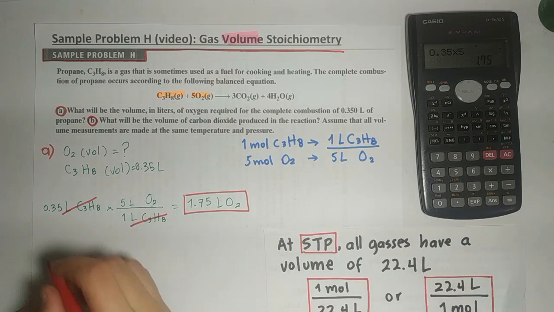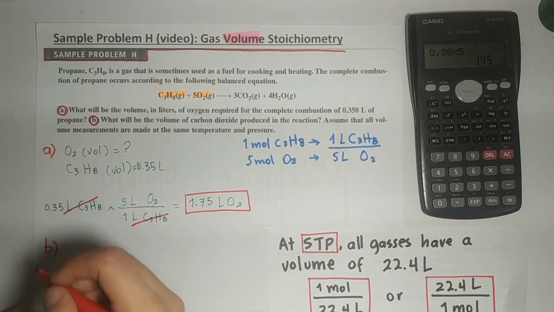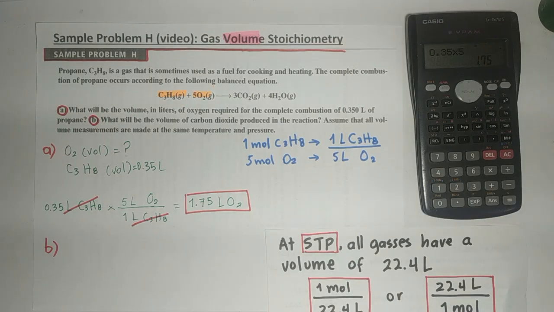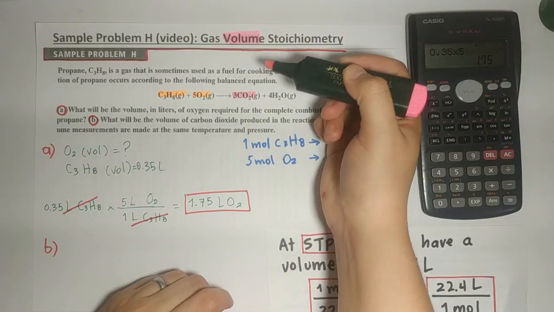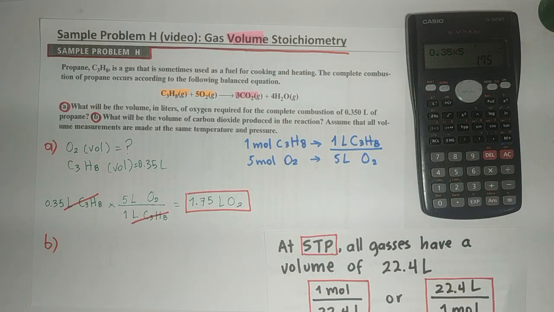Now, in part B, what will the volume be of carbon dioxide? What will the volume of carbon dioxide produced in the reaction be? Assume that all volume measurements are made at the same temperature and pressure.